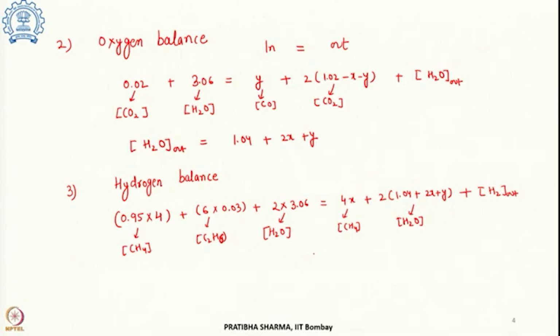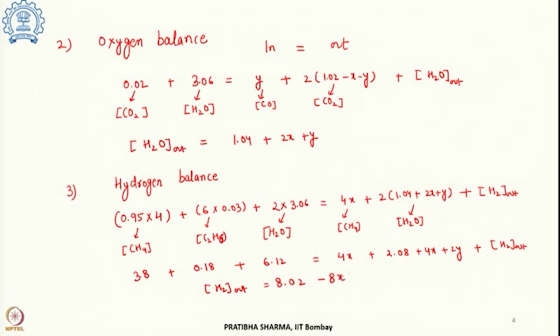Now if we solve this, that will give us the amount of hydrogen coming out, and this corresponds to 8.02 minus 8x minus 2y.